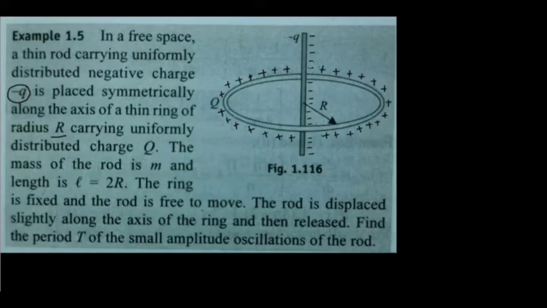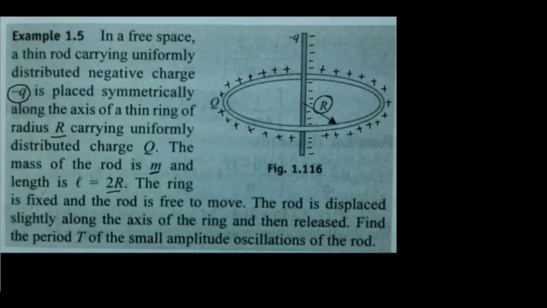And this rod is placed symmetrically along the axis of a thin ring whose radius is capital R. The radius is capital R, and it carries a positive charge capital Q, and again the charge capital Q is uniformly distributed over the entire circumference. The mass of the rod is small m, and the length of the rod is L equal to 2r.